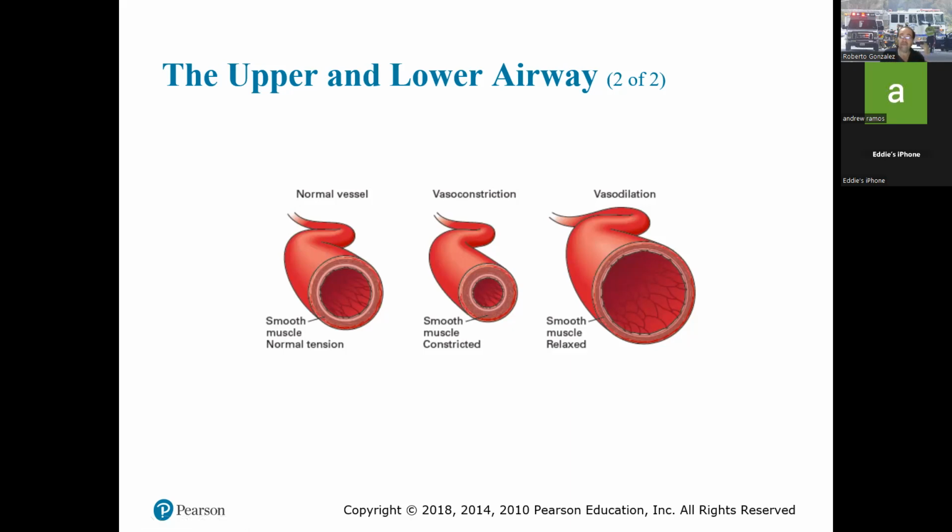The goblet cells look like a goblet. I don't even know what a goblet looks like, but it looks like a little cup. And what happens is when that muscle contracts, goblet cells produce mucus. So if you get infected and irritated and it closes up a little bit, it starts releasing a whole bunch of mucus inside the lumen of the airway. And when they dilate, when you give medications like albuterol, they dilate this big.